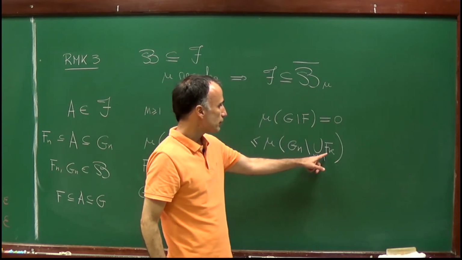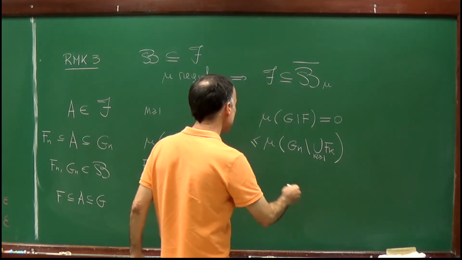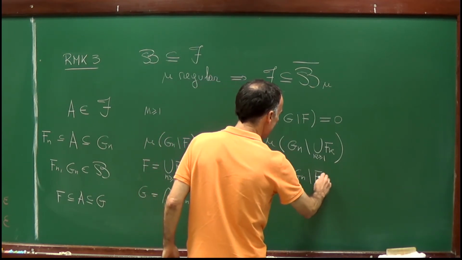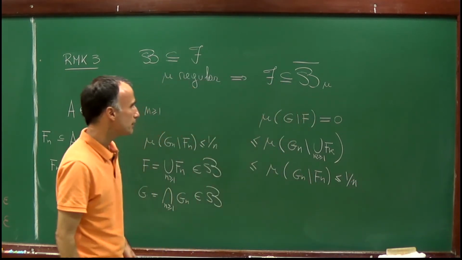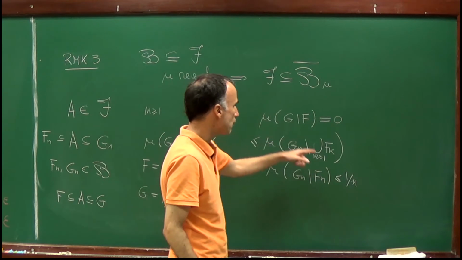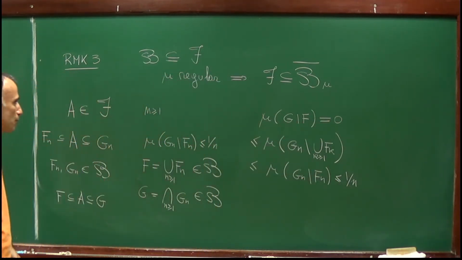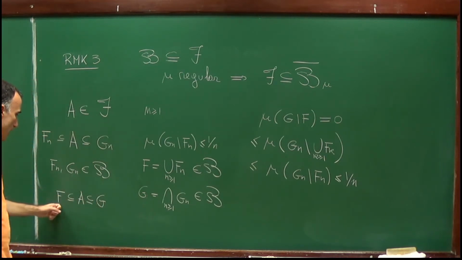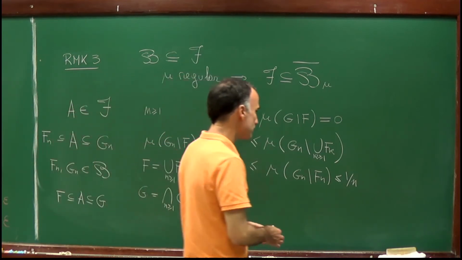This union certainly contains Fn, and therefore Gn minus this union is contained in Gn minus Fn, and this set has measure less than or equal to 1 over n. Therefore, since this is true for any n, the measure of G minus F has to be equal to 0. So up to this point, we obtained two sets, F and G, such that F is contained in A, which is contained in G, and the measure of G minus F is equal to 0.